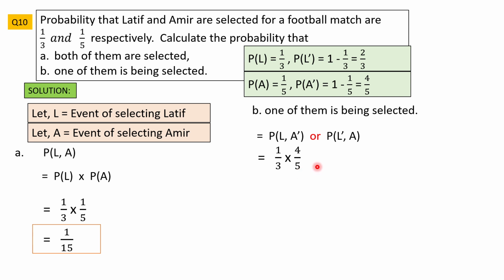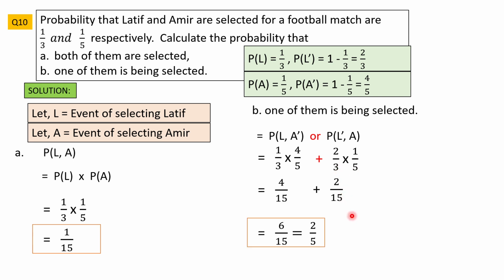Or, when you come across the word or, you change it to plus the other possible outcome, Latif not selected and Amir selected. Latif not selected, the probability is 2 over 3, times Amir selected, 1 over 5. So simplify and get the answer. The final answer here is 2 over 5.